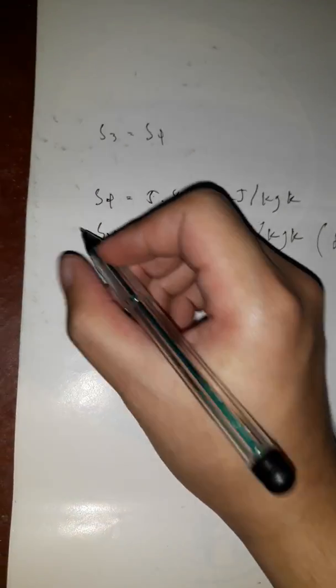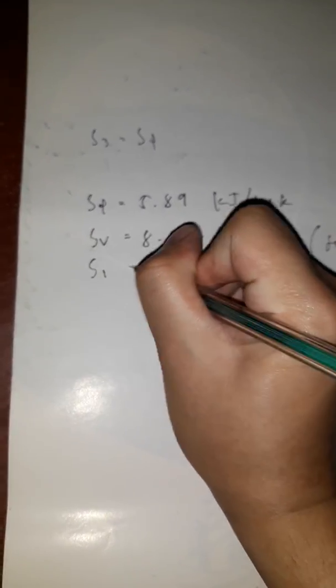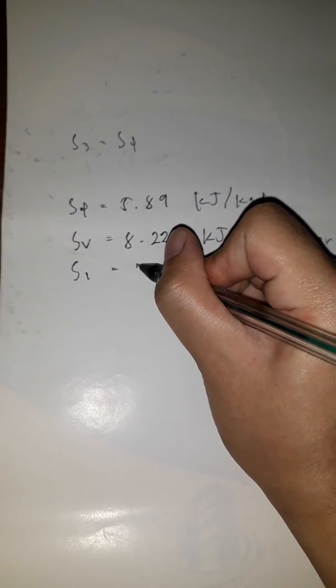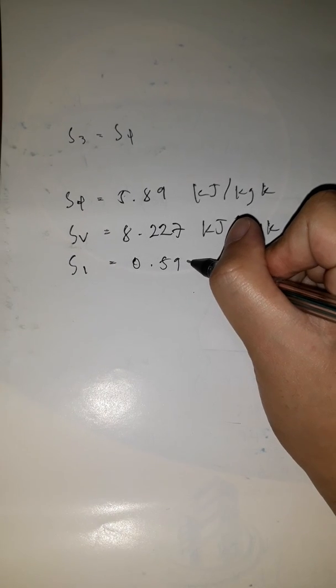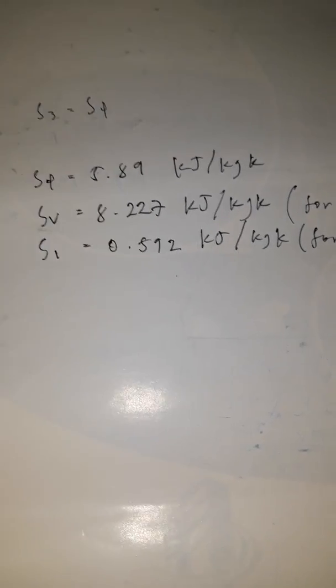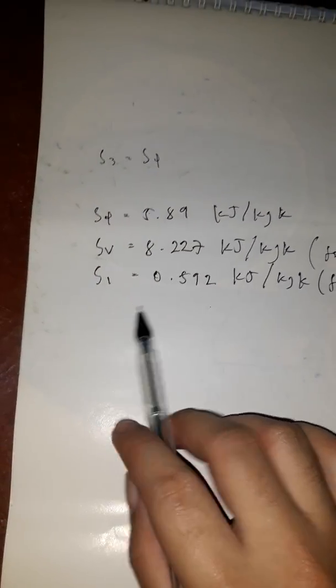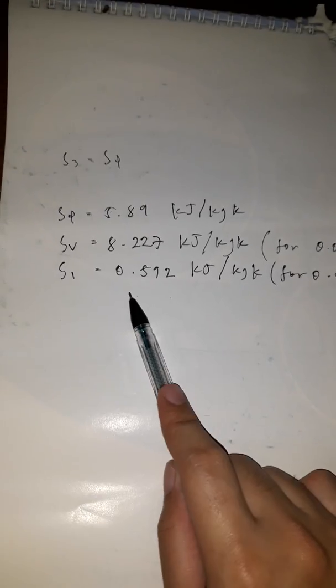And last is the entropy of the saturated liquid water, which is 0.59152 kilojoule per kilogram Kelvin for 0.008 megapascal. So we have all the givens.